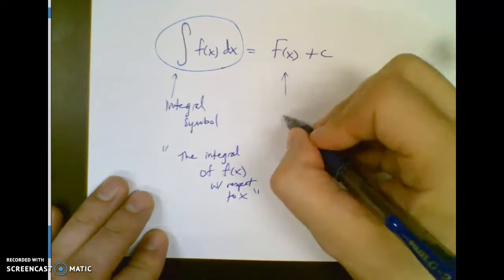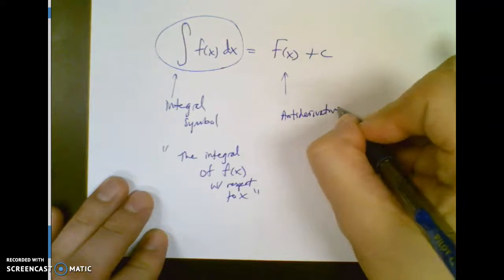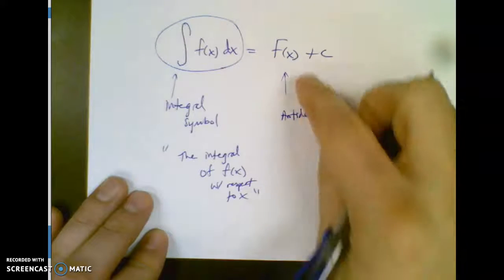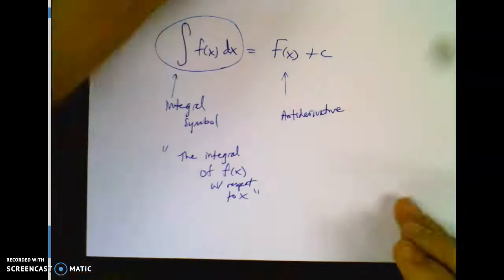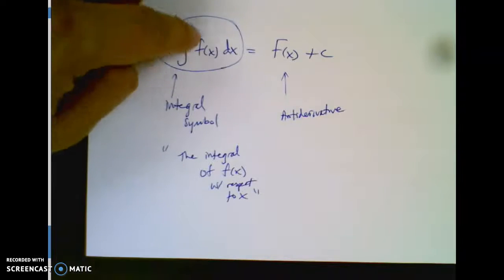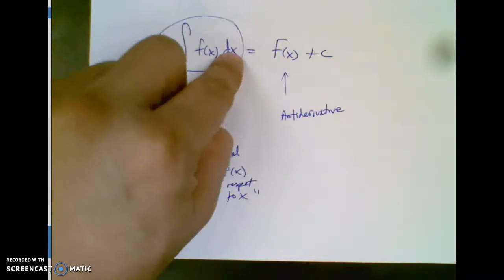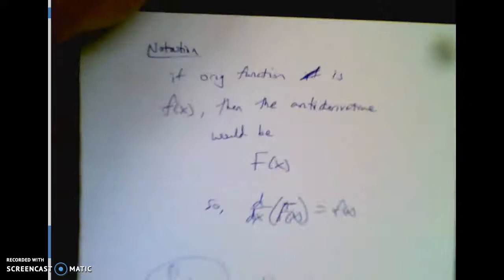It equals the antiderivative of x plus c, plus a constant. So that's some terminology. Integral symbol. The whole thing is you say integrate f of x with respect to x, and that's an antiderivative. It's basically when you use the opposite of our derivative rules.